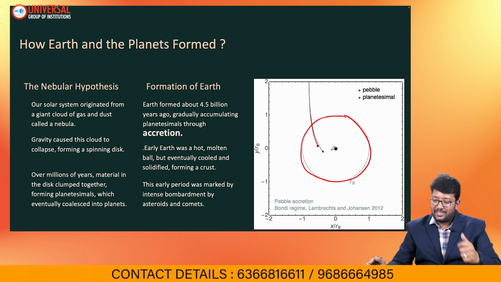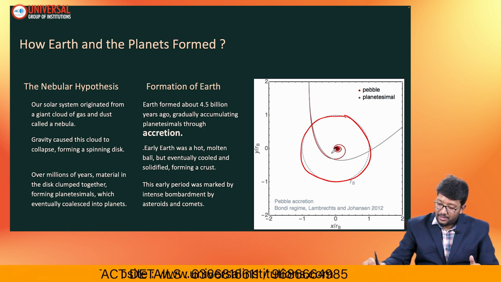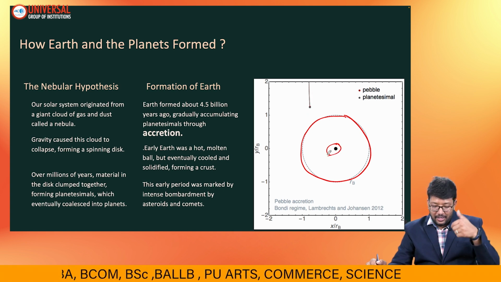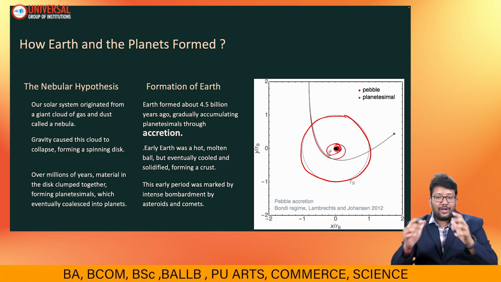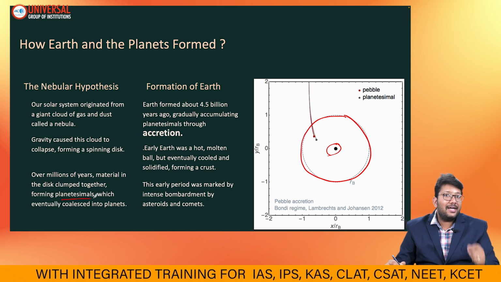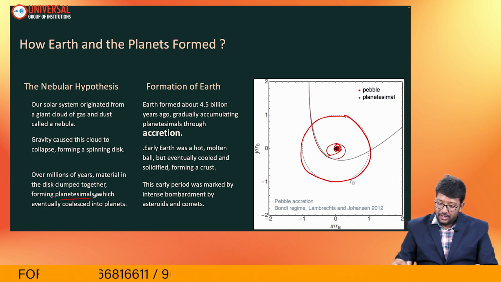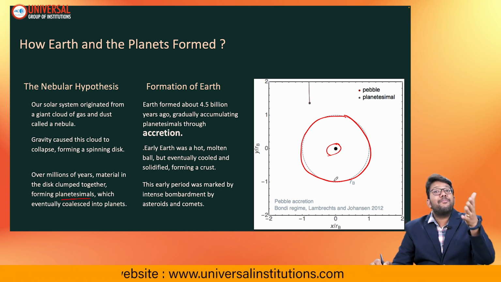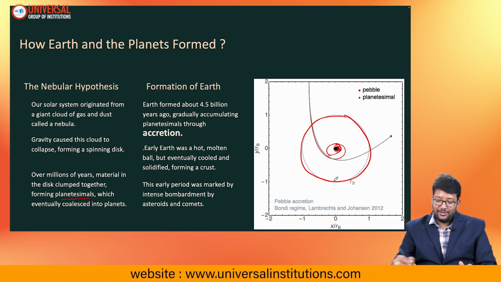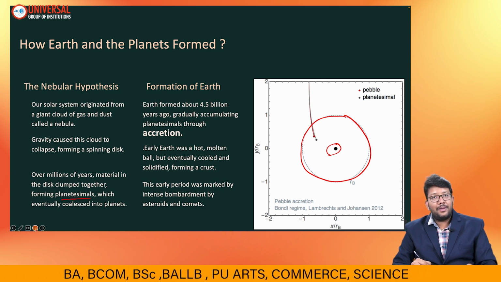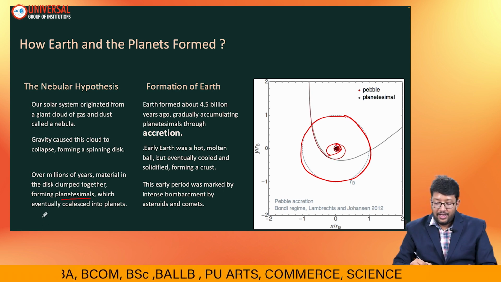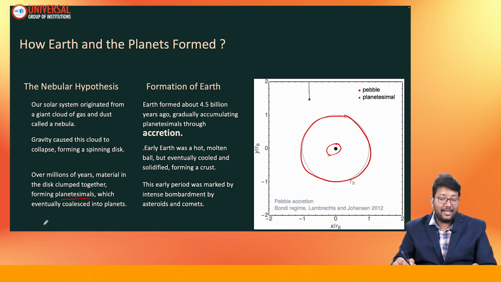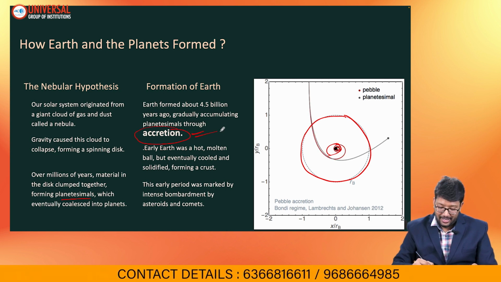But due to gravity, these particles, called pebbles, stuck together and formed planetesimals. These planetesimals are known as the planets we know today. Our Earth was formed about 4.5 billion years ago, and this accumulation of debris is called accretion. Remember that.